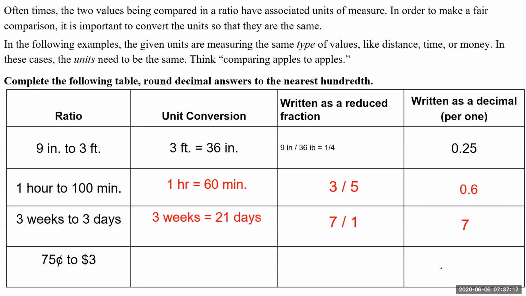Now, all right, 75 cents to $3. All right, now if you know that 100 cents will give us $1, so $3 will be 300 cents, and we reduce that, and we have that as a decimal.